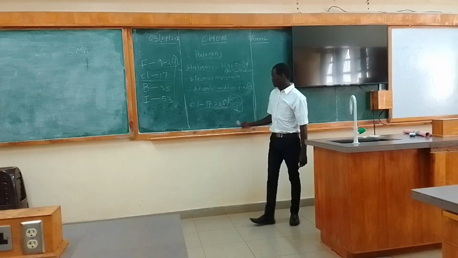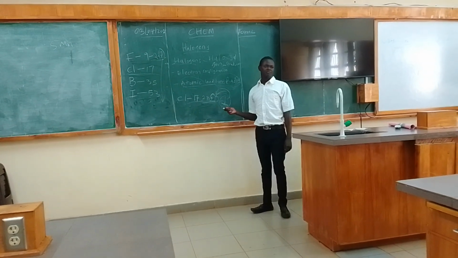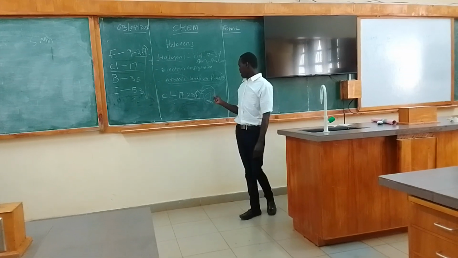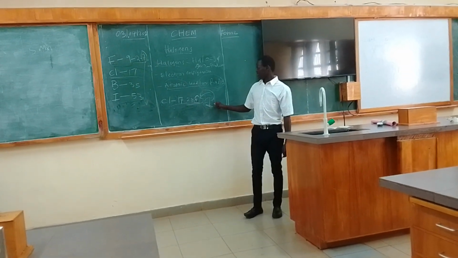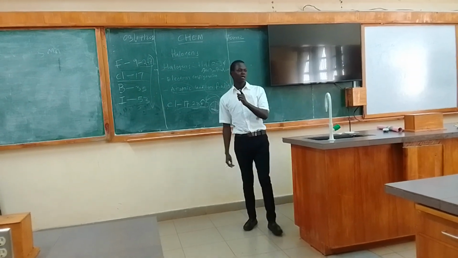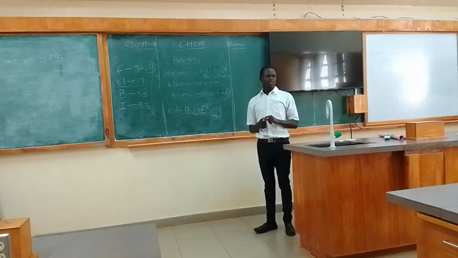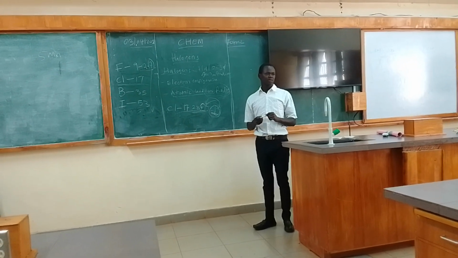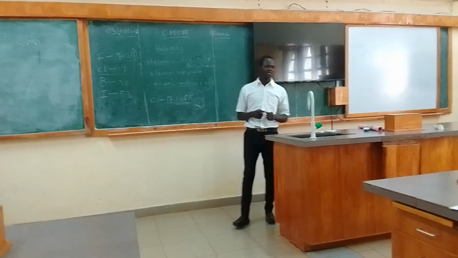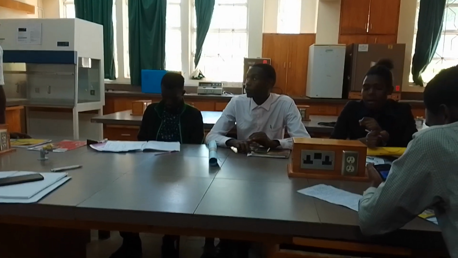Now we also looked at the ionic radius. We said that halogens form ions by gaining 1 electron. So they form an ion with a charge of -1. We also said that the ionic radius is larger than the atomic radius because, who can give me the reason why the ionic radius is larger than the atomic radius? Yes, that is very, very good.